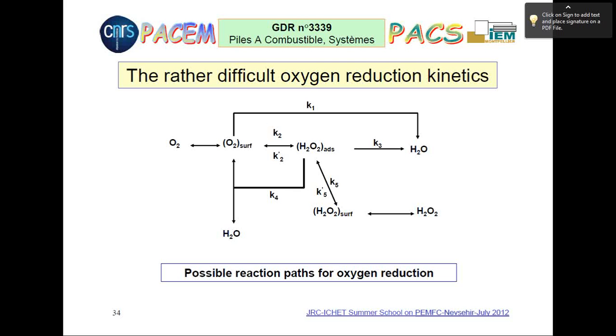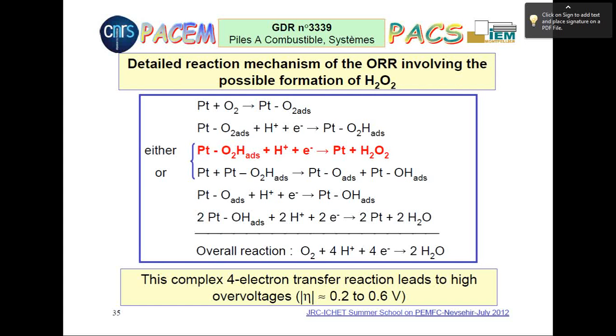So you see, you have direct formation of water, or you can go through hydrogen peroxide, and you have different steps. If you go a little bit further, you have adsorption of oxygen, then you have first transfer of electron with proton, and when you have O2H adsorbed, there are two pathways.